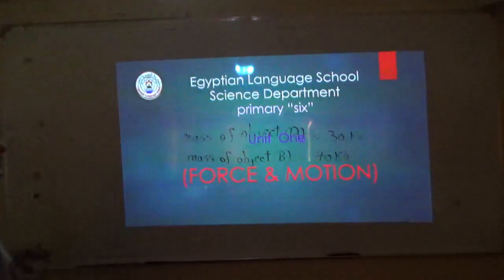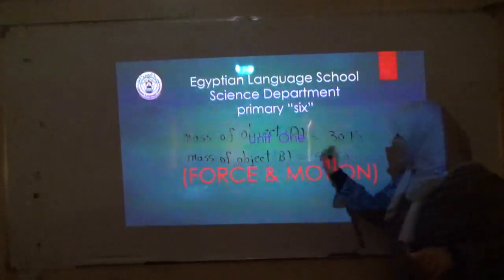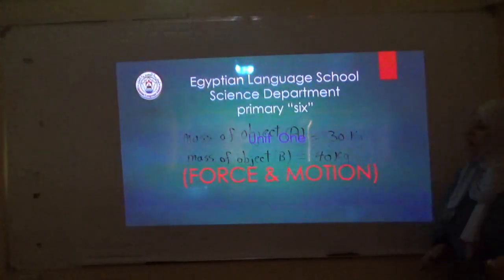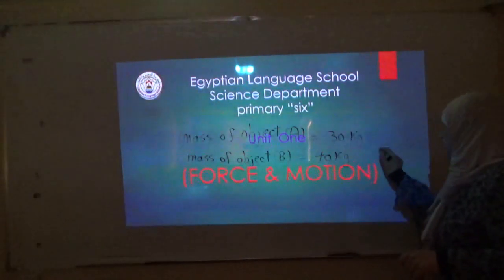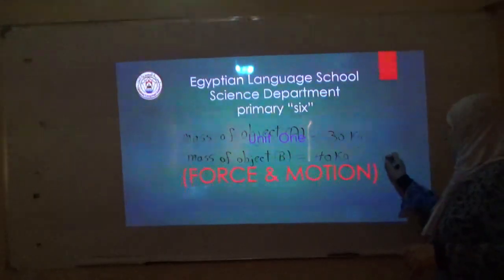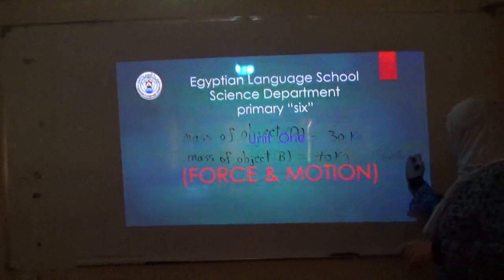We know that we have some factors affecting the weight. One of the most important factors affecting the weight is the object's mass. The object that has a greater mass will have a greater weight according to the rule: the weight of an object on the Earth's surface equals mass multiplied by 10.